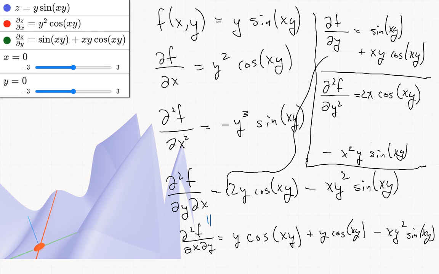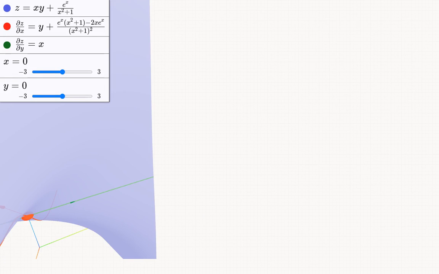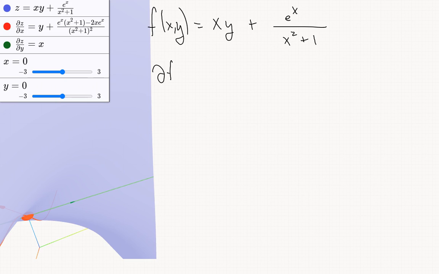All right, here I'm going to do a new example, since the fraction examples that we got into before were pretty nasty and I don't want to differentiate them even further. So let's look at f(x, y) equals xy plus eˣ over x² plus 1. So first let's find just the first derivative. So ∂f/∂x is y plus, we have to use the quotient rule, over (x² plus 1) squared.